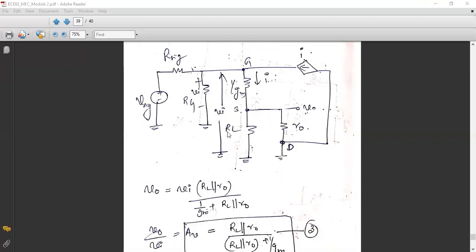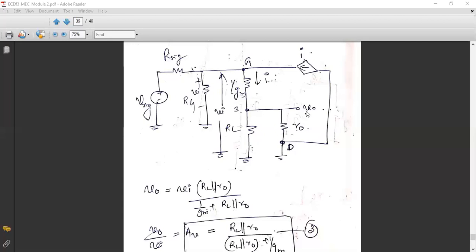So that voltage Vi, which is shown here, will again divide among these two resistances, that is 1 by gm and RL parallel R0. So again we are going to apply a voltage divider and we are interested to find V0. What is V0? V0 is the output voltage across RL parallel R0.